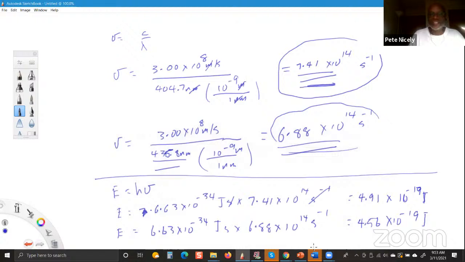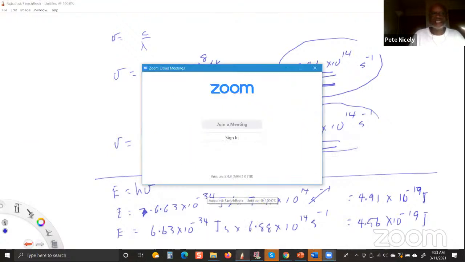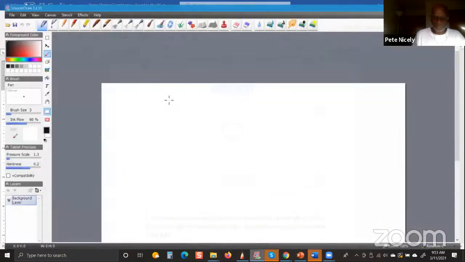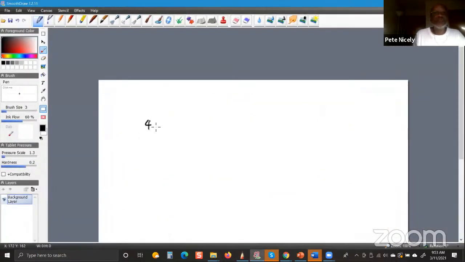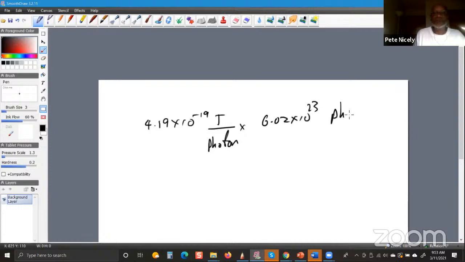So the first one is going to be 4.19 times 10 to the minus 19. And this is the joules per photon. And we're going to multiply by Avogadro's number, which is 6.02 times 10 to the 23 photons in 1 mole.